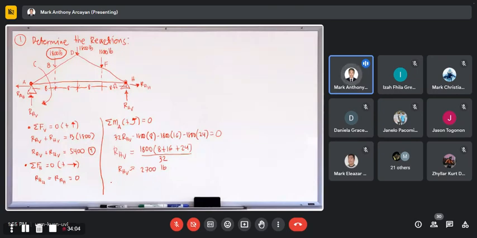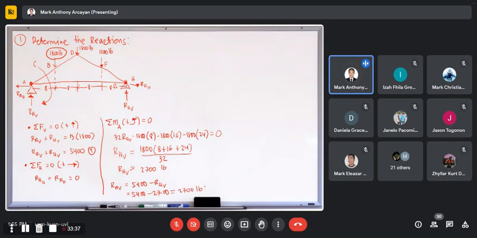Then to solve for RA vertical, use equation 1. That's 5,400 minus RH vertical. So we have 5,400 minus 2,700. So RA vertical is equal to 2,700. So they have the same value.